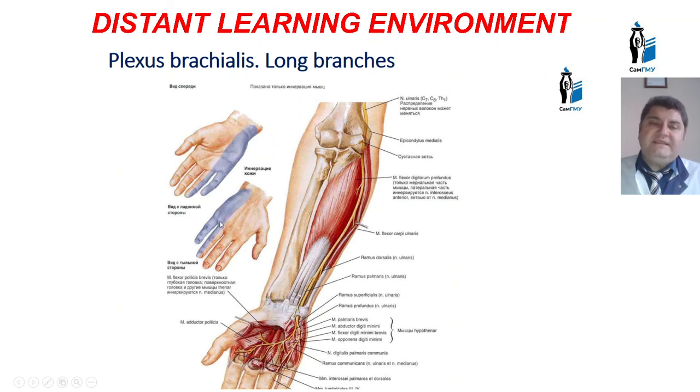You may see that it gives branches for the palmar surface, 1.5 digits of the palmar surface, and also for the distal surface. Maybe like this picture, from 1.5 fingers, maybe 2.5 fingers region of the dorsal surface of skin of this part.